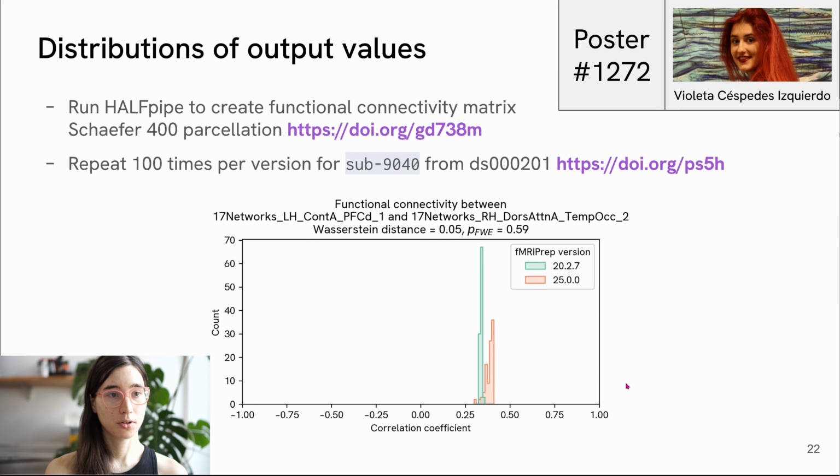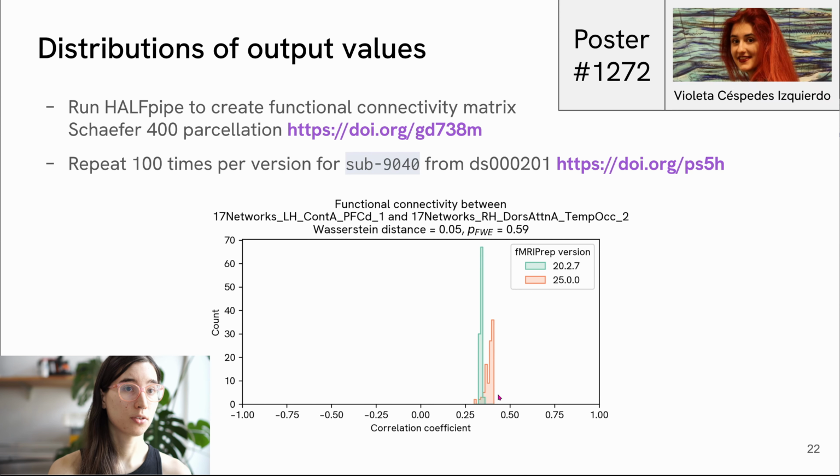And so I've just plotted here one exemplary cell from that functional connectivity matrix, and it's a histogram. In turquoise, we see the different runs for the older fMRIPrep version, and in orange for a newer fMRIPrep version. Now we see those distributions overlap quite a bunch, but it's, for me, really hard to tell whether this is a meaningful difference or whether this could just be attributed to chance.